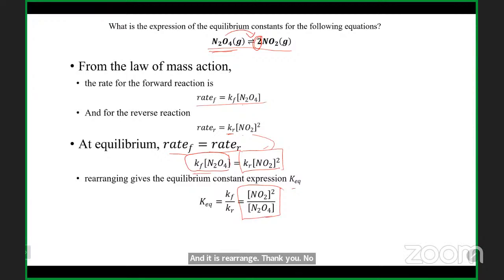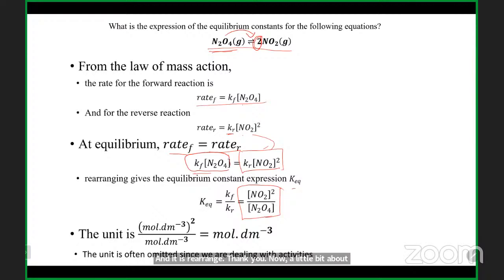Now, a little bit about units. The unit of concentration, which is molarity, is mole per dm cubed. So this is mole per dm cubed, squared, because we have 2 of this, raised to power 2, over mole per dm cubed.